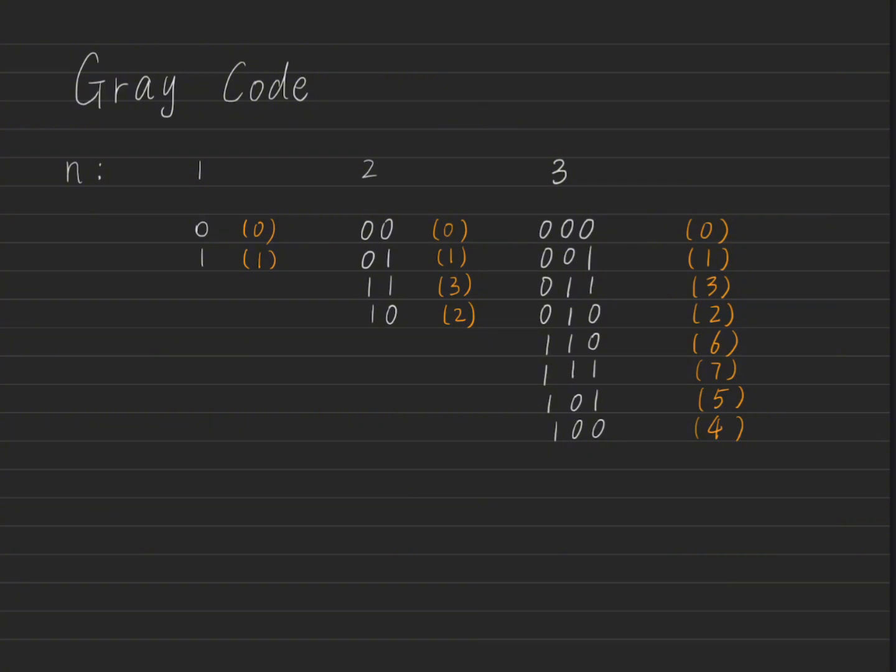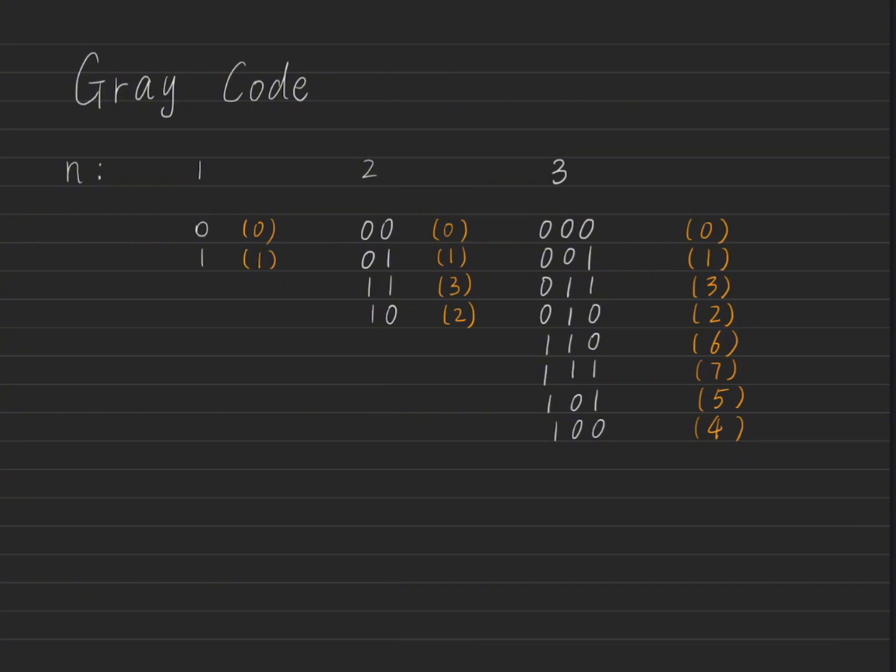When n equals 3, the solution is 0, 1, 3, 2, 6, 7, 5, 4. We can do a quick check and see that each pair of elements differ by exactly 1 bit, and the first and last element also differ by 1 bit.